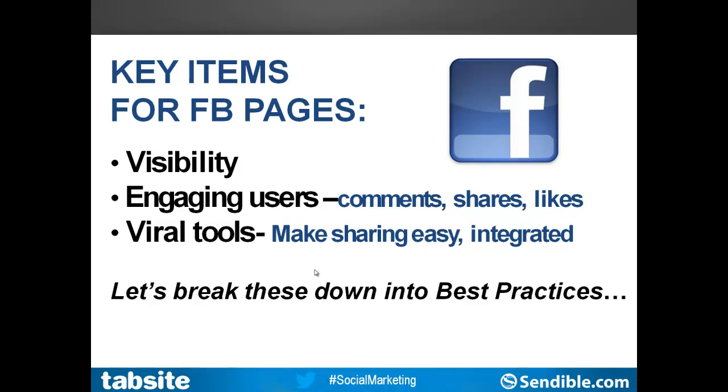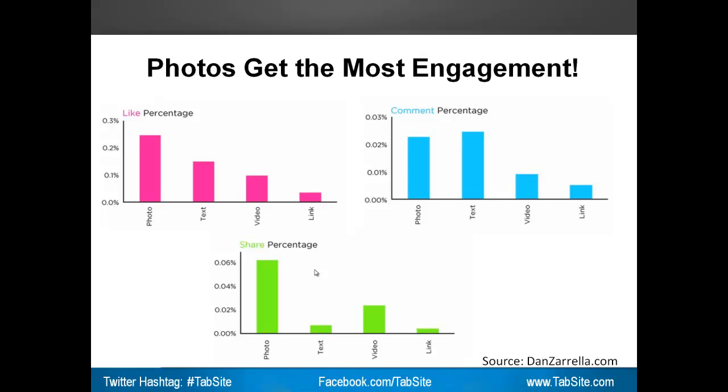So when your fans become engaged, they become a viral conduit to extend your information out to their networks, to their friends, with the value that it's a trusted referral. This person who I'm a friend of has said he likes this, so I'm more inclined to be open to that as well. So, key items for Facebook pages, and let's just break these down into some best practices.